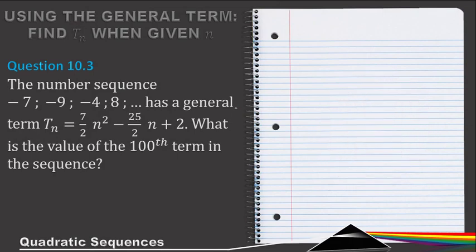And then the number sequence has a general term of this. Find the value of the 100th term in the sequence. So T100, then substituting in 100 for n. So 7 over 2 times 100 squared minus 25 over 2 times 100 plus 2.